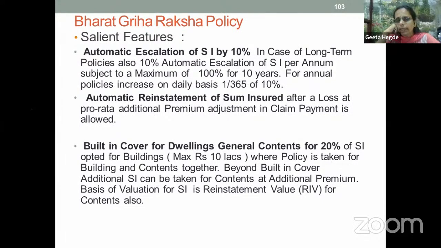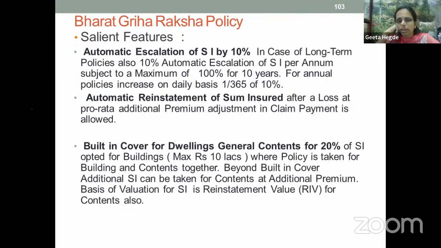So automatic escalation of sum insured by 10% in the Griha policy means your sum insured will go on increasing by 10% every year. Escalated means going higher, increasing. So it will get escalated by 10% per annum, subject to a maximum of 100% for 10 years, because the policy now is allowed only for 10 years.